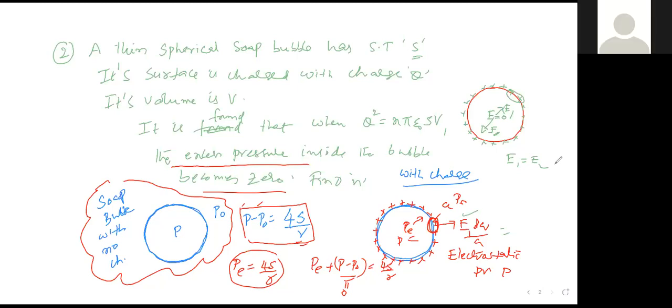And for a shell, what do we prove the E is for one layer?